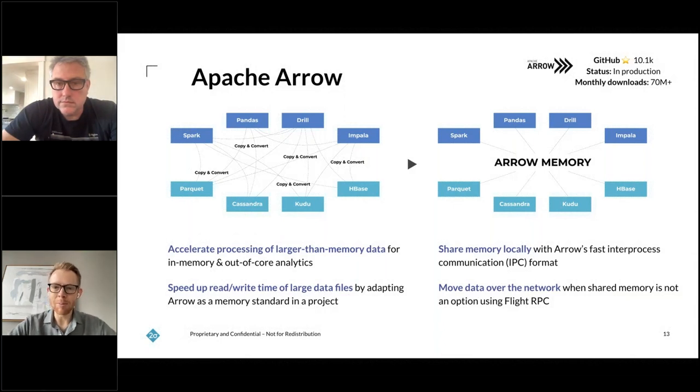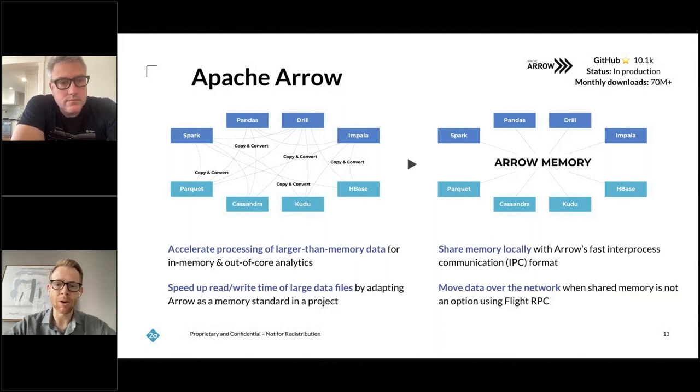And so we needed the memory format to not just be sufficient for interoperability, but because we wanted to reduce serialization and the copy and conversion penalty that you traditionally see between systems, the memory format needed to be designed for high performance execution directly on the Arrow memory.